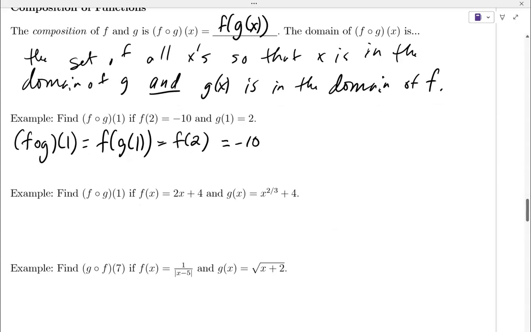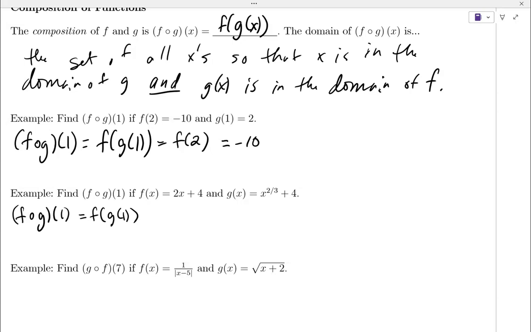Let's do the next one. This one we're given explicit functions. So F composed with G of 1 is F of G of 1, just like it was in the previous example.